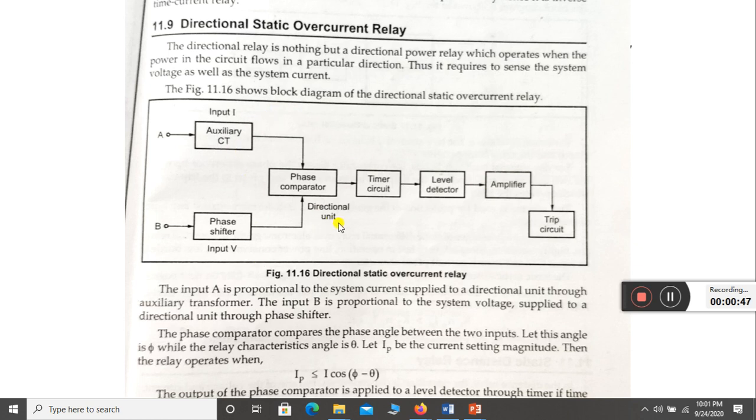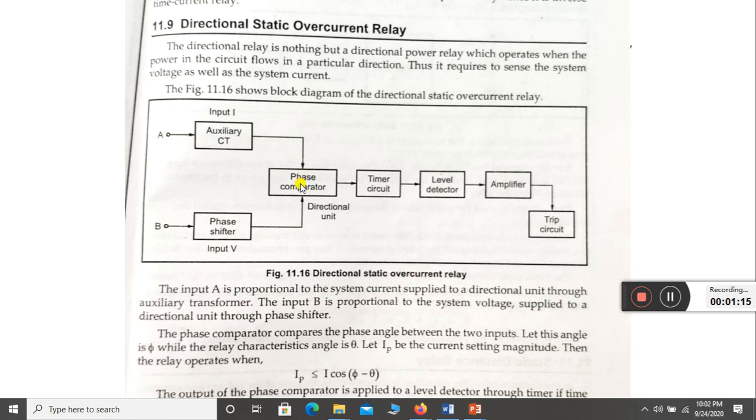This is the overall diagram of the directional static overcurrent relay. We have two inputs, input A and input B. Input A is given through an auxiliary CT, and after that it is given to the phase comparator. Similarly, input B is given through the phase shifter to the phase comparator.